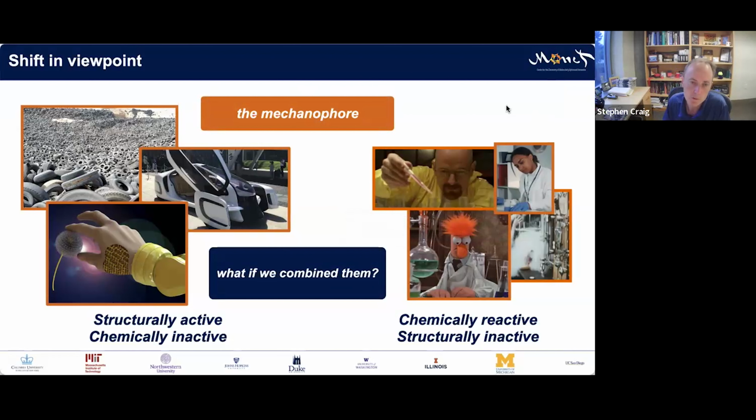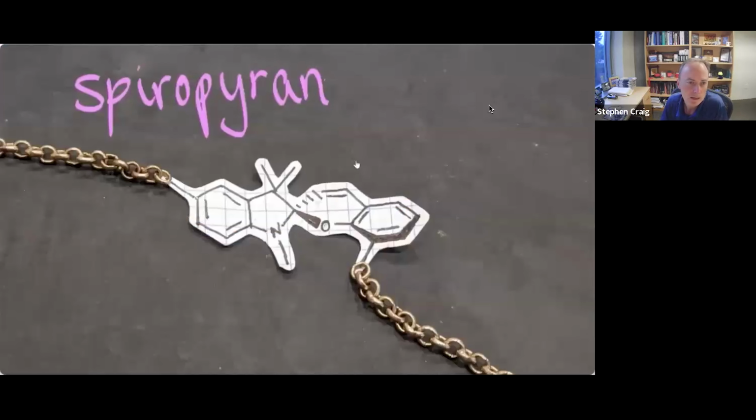And for those of you who aren't familiar, let me introduce this with an example. This is an example not from my lab, but from Jeff Moore and Nancy Sottos, although a grad student of mine put this movie together. So the molecule that you see here is called spiropyran. It's got this central carbon atom with 4 substituents on it.